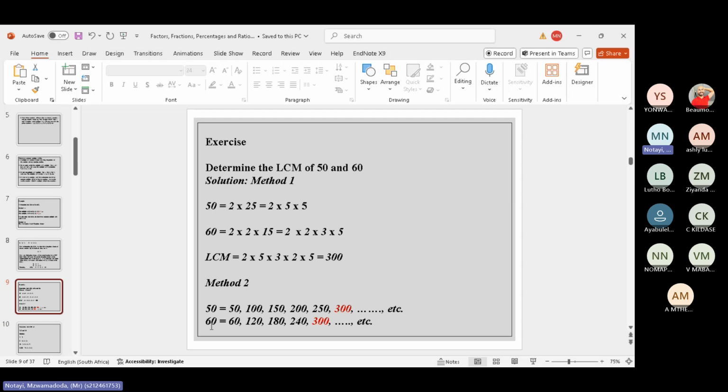Then the second number, 60 times 1 is equal to 60, 60 times 2 is 120, 60 times 3, 180, up to 60 times 5, where you get 300. You will see that as you list them, the lowest common multiple of the two numbers is 300, like we got in the other method.